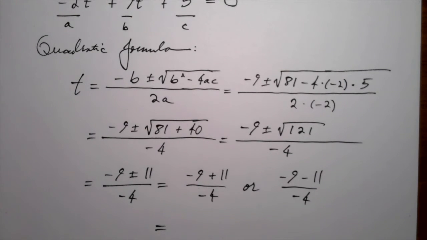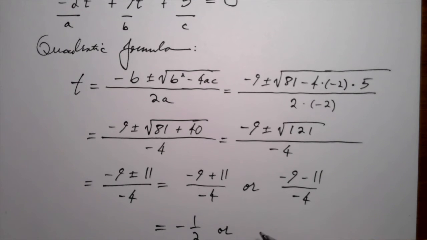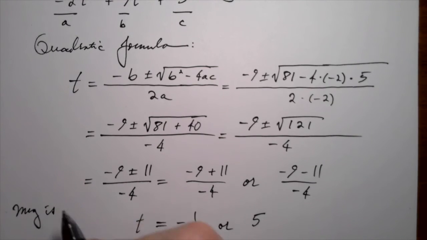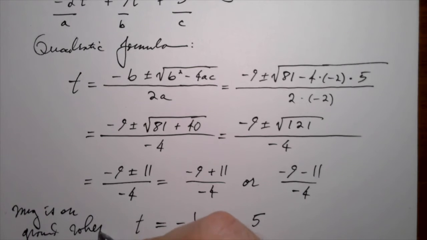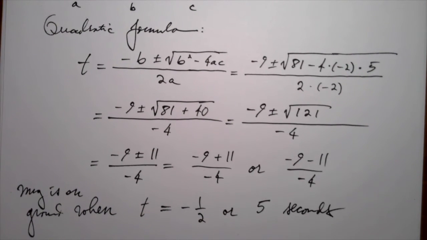Minus 9 plus 11 is 2, so 2 divided by minus 4 will be minus 1/2. And then here we have minus 20 on top divided by minus 4, which is positive 5. So those are our solutions. The mug is on the ground when the time parameter, the t variable, is minus 1/2 or 5. And remember, we're measuring time in seconds here.